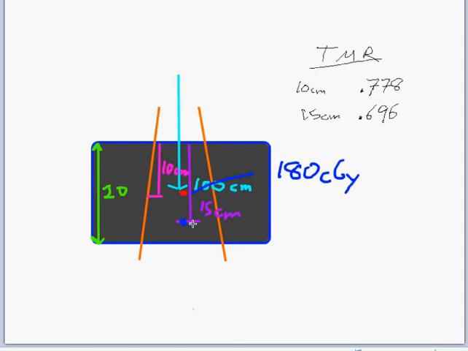Now this would be an easy place to make a mistake, to assume maybe, because this is 15 centimeters depth, that the distance we're going to use is 115. But it's not. It's only the difference between this point and that point. So it's only 5 centimeters farther. So the distance to this one is 105 centimeters.